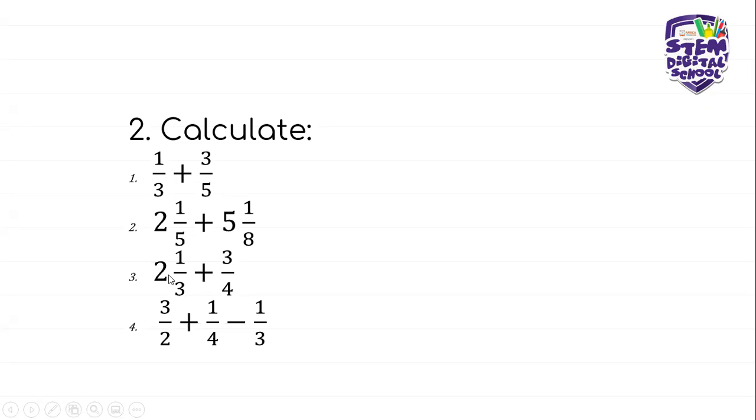So 2 times 3 is 6, plus 1 is 7. So 7 times 4 is, sorry, 28 rather, and then the other one will be 9 over 12.